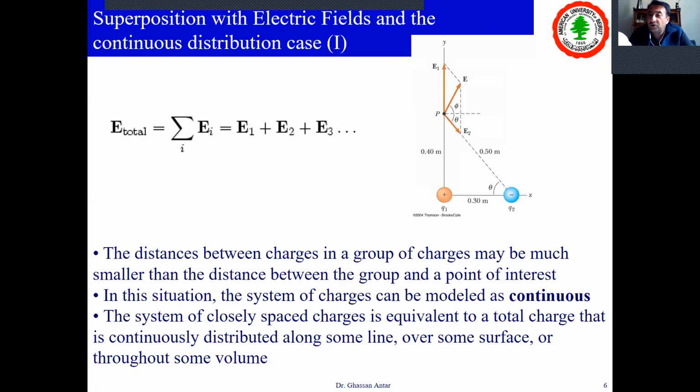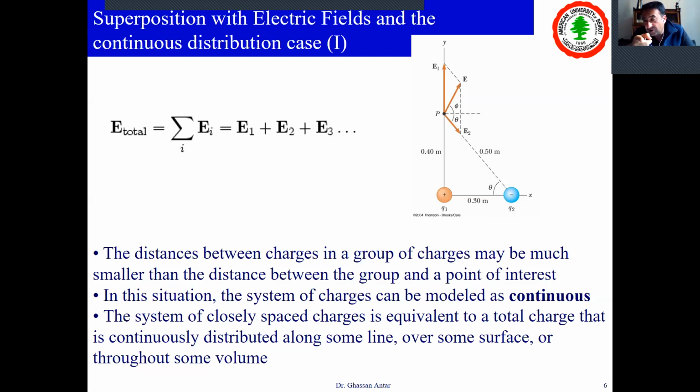So if I have two charges as shown here, Q1 and Q2, and I'm asked to determine the electric field at some point in space, I put a test charge at this point. The electric field caused by Q1 will be moving away from it because it's positive, and positives repel each other.